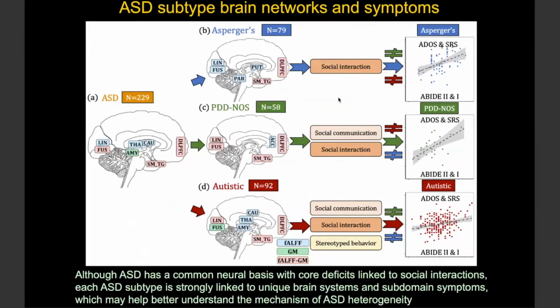And you'll notice that across the 3, social interaction is predicted accurately by all 3 of these. And these don't predict one another at all. Whereas NOS, PDD, NOS includes also social communication, and autistic includes all 3, stereotyped behavior as well.